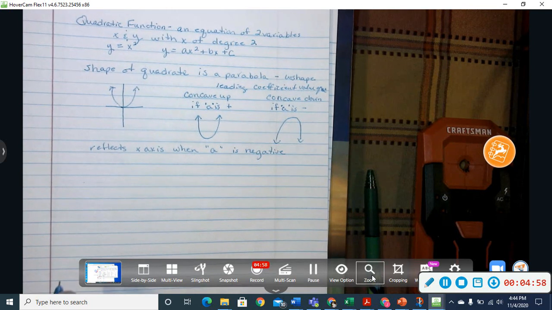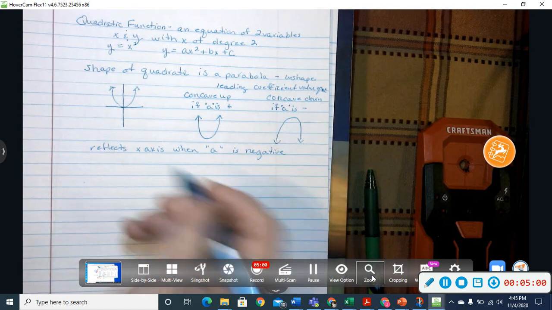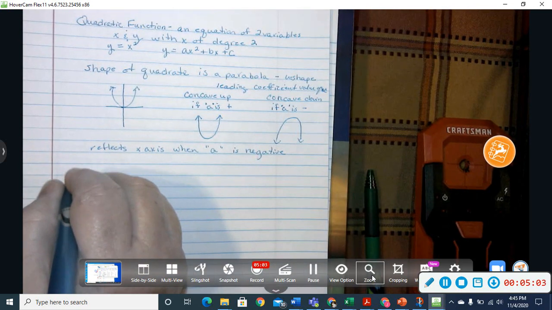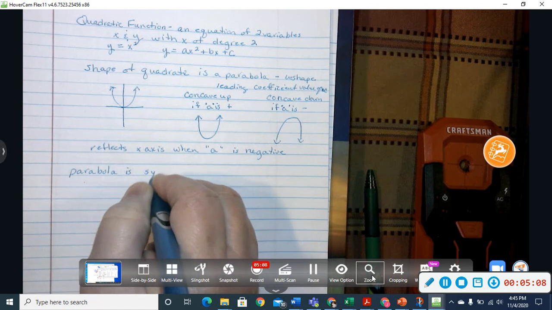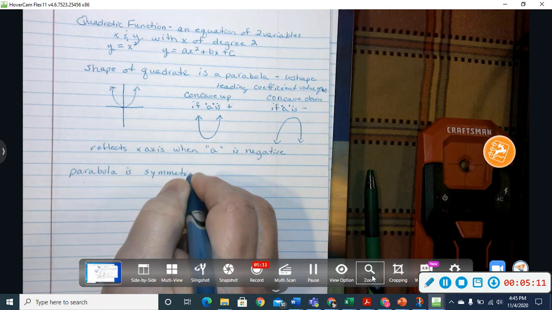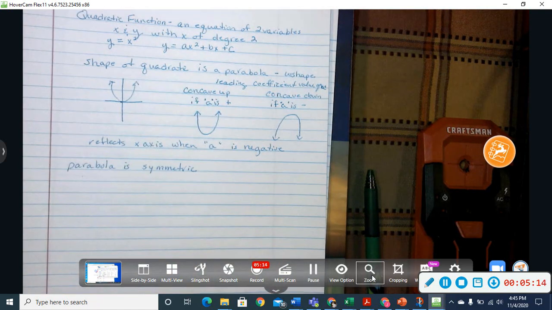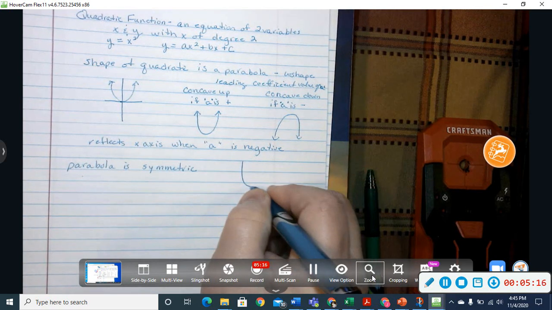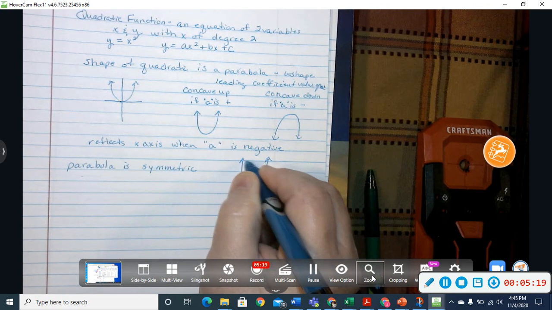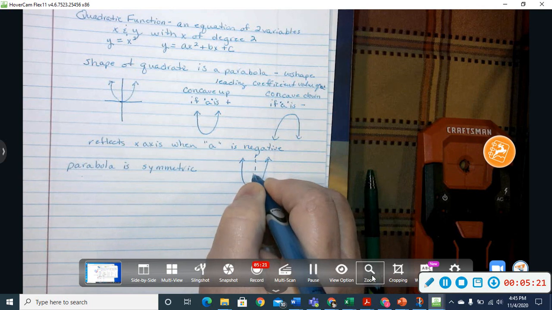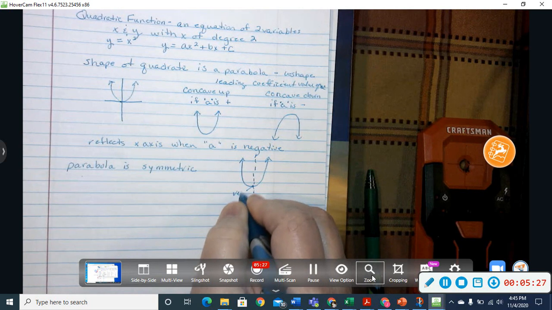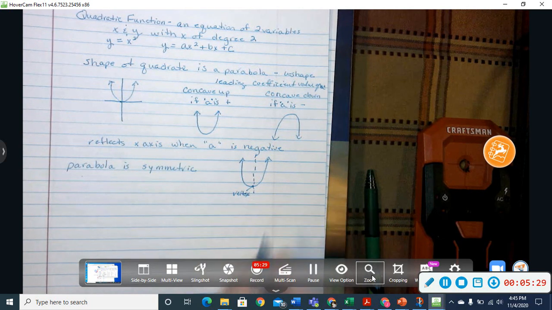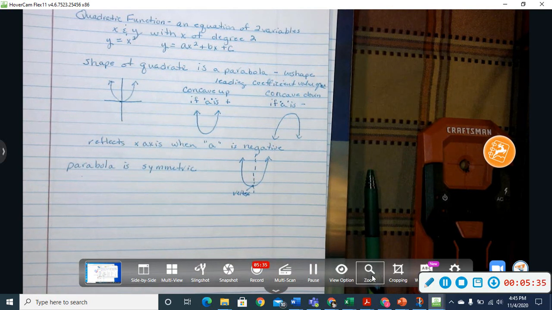The second thing that we note about quadratics is that the parabola is symmetric. That means that if we drew a line through the parabola, going through the vertex, it would divide the parabola into two equal parts, or it would mirror itself.